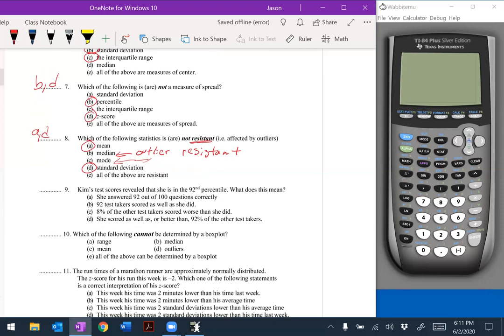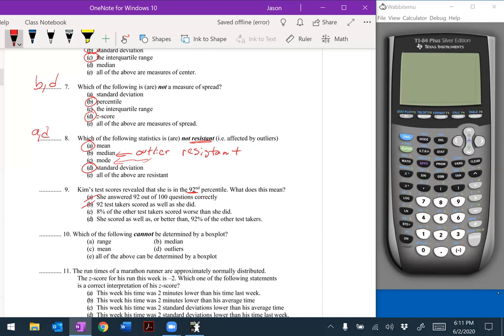Okay, number 9. Kim's test scores revealed that she was in the 92nd percentile. What does this mean? A, she answered 92 out of 100 questions correctly. No. Let's get rid of that one. 92 test takers scored as well as she did. Nope. 8% of the other test takers scored worse than she did.